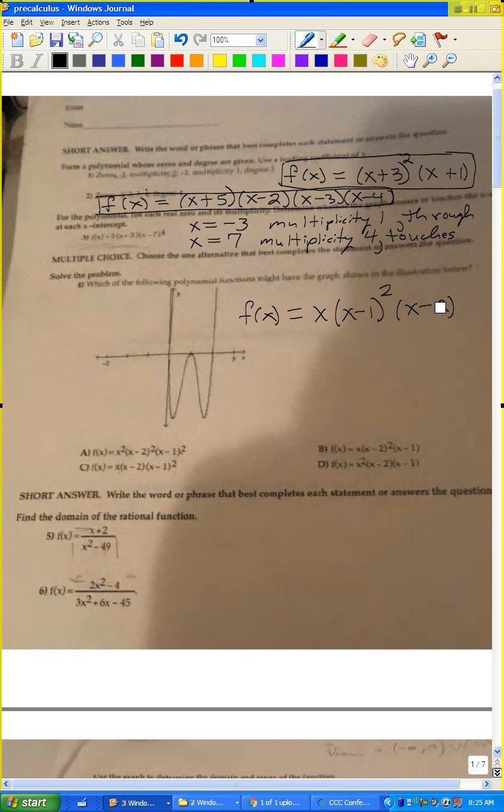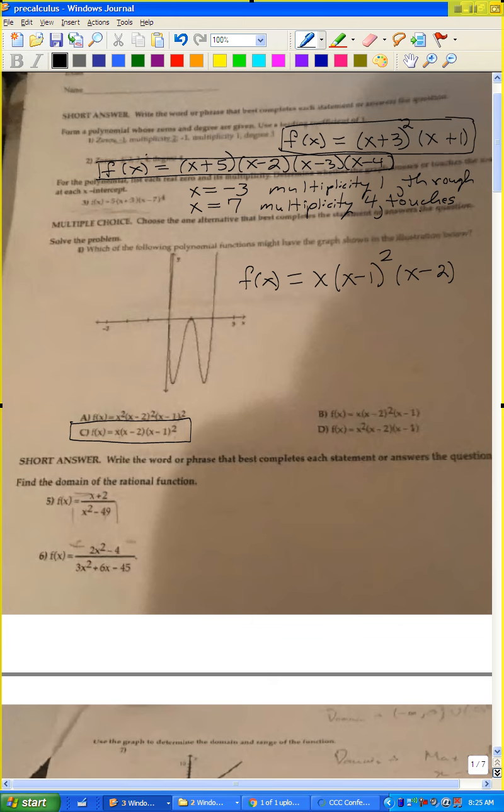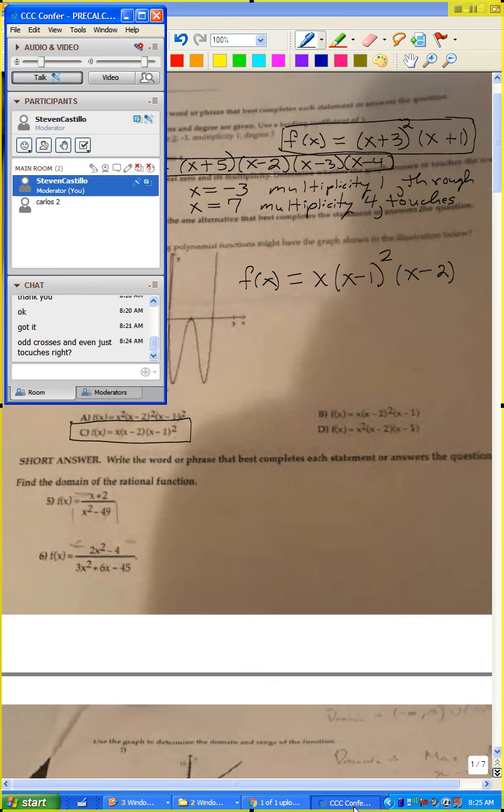And so I certainly know it's an odd multiplicity, because it passes through the x-axis. And it looks like it's just a regular line, so I'd imagine it has a power of 1. And so it is C. Any questions about that? Okay.